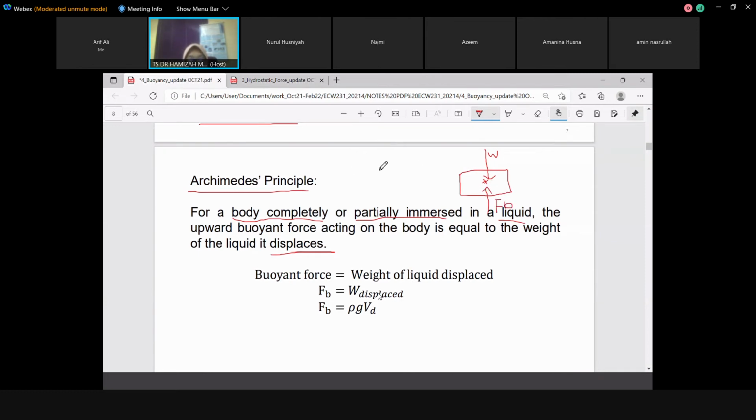Okay, ataupun you can draw another way. You have center of gravity. So this is the weight. And this is the FB. Okay, drawing this, you get 1 marks for drawing. So we know that you understand where the force act, which is upward and also downward, and it at the center of gravity.